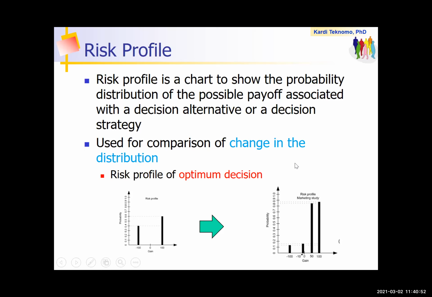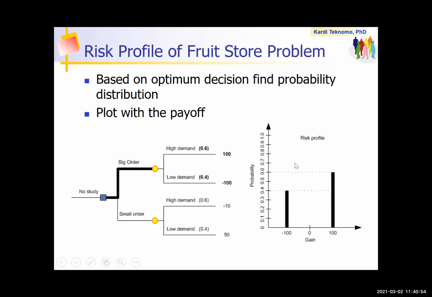Okay, let's go into the detail. So this is the fruit store problem. You have big order, small order, high demand, low demand, correct? And the probability is 0.6 for high demand and 0.4 for low demand, correct? So then you can plot this.